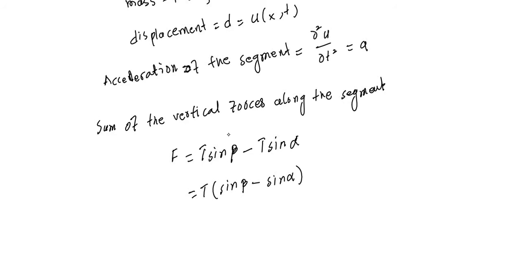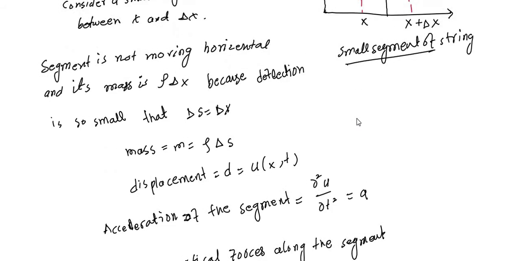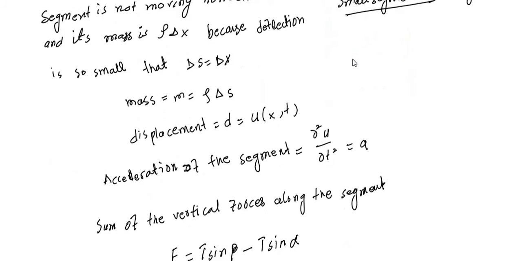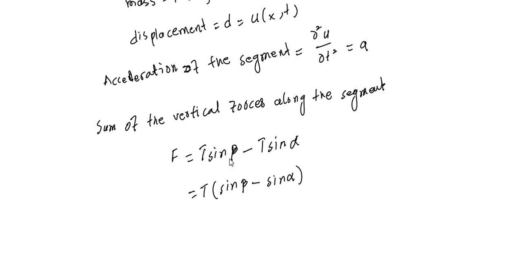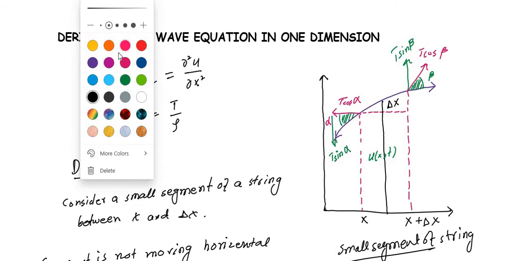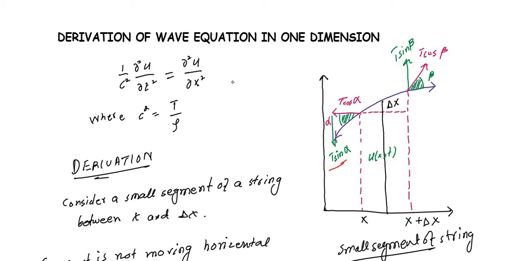Okay, and here you need the diagram again. If you see in the diagram, this is your t sine alpha, sine beta and sine alpha. This is your sine alpha in the green, and here is your sine beta.